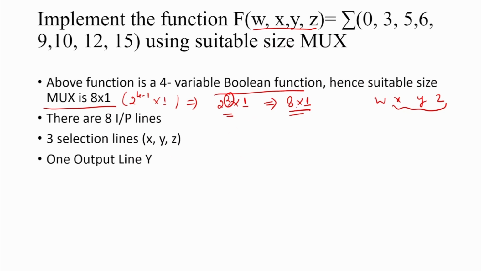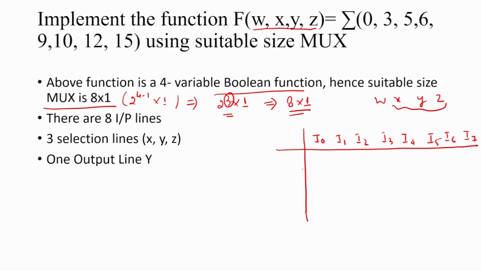Because this is an 8 cross 1 multiplexer, how many inputs are there? In an 8 cross 1 multiplexer, there are 8 inputs, named I0, I1, I2, I3, I4, I5, I6 and I7.